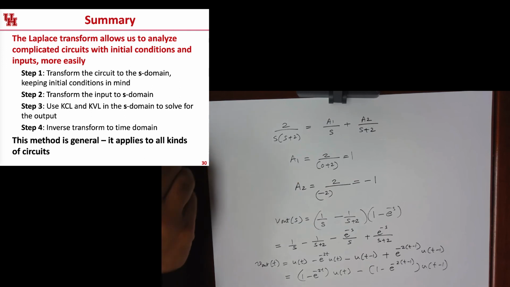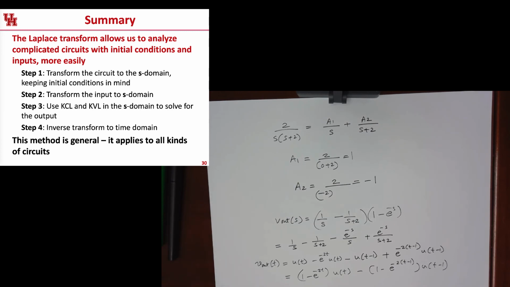So to summarize, the Laplace transform gives us a way to analyze very complicated circuits with complicated initial conditions and complicated inputs much more easily. The key steps to doing this is to first transform the circuit to the S domain. But in order to do that, you have to do it in two parts.